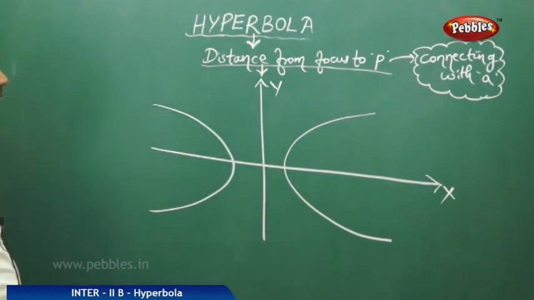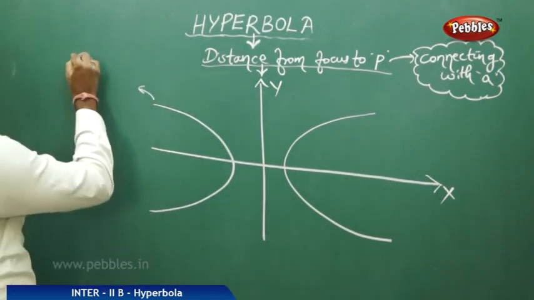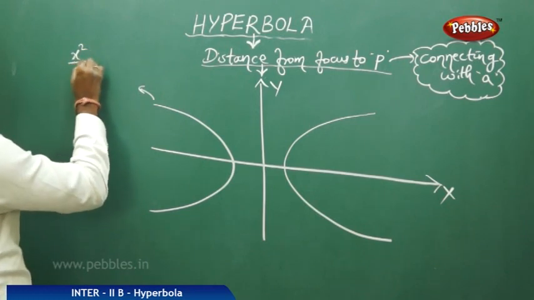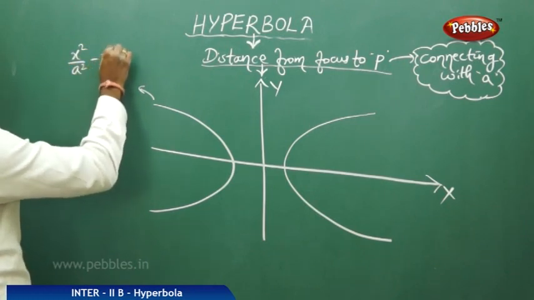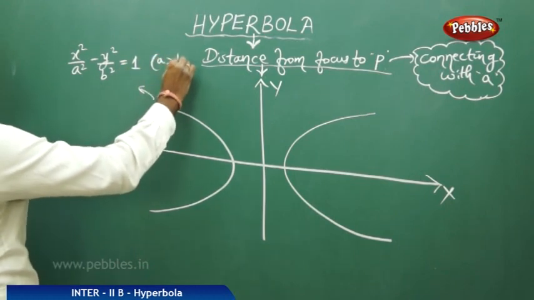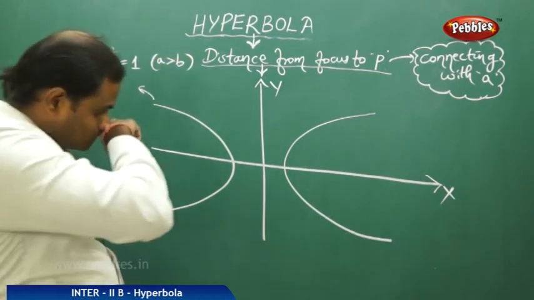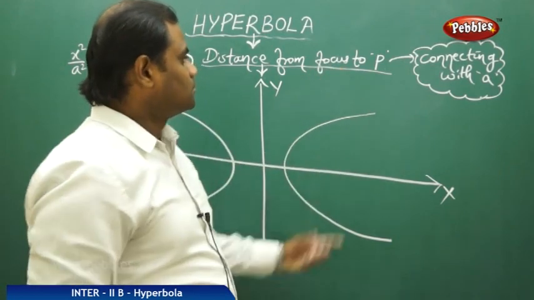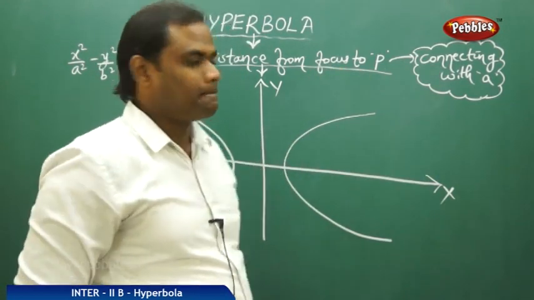Now this hyperbola given by the equation x square by a square minus y square by b square equal to 1 with a greater than b has the focus connected with a.